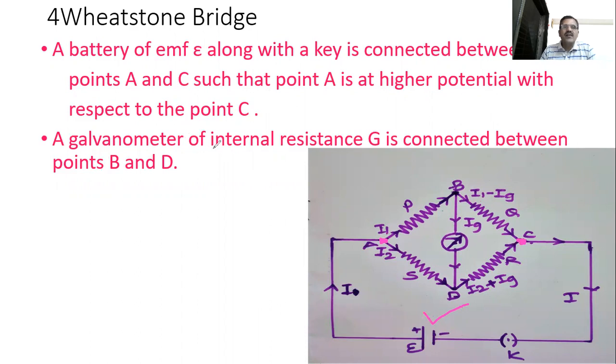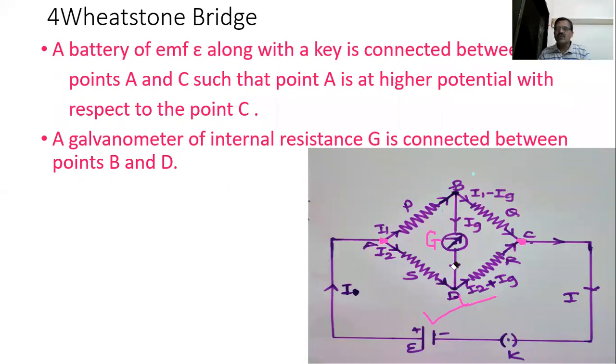The galvanometer of internal resistance G is connected between the points B and D. This is a galvanometer and the resistance of this galvanometer is G.